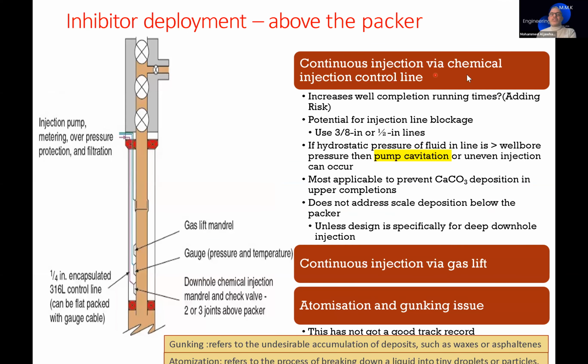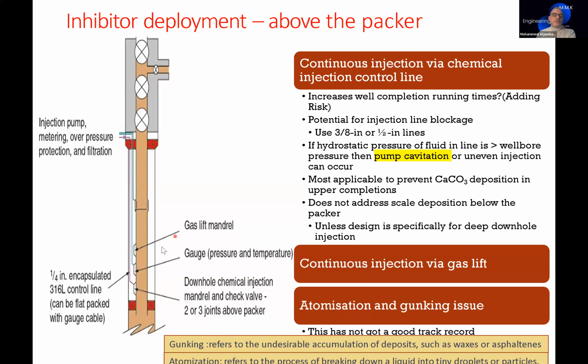So continuous injection via chemical injection control line, and continuous injection via gas lift, or atomization and junking issues. Junking refers to the undesirable accumulation of deposits such as wax or asphaltene. Atomization refers to the process of breaking down a liquid into tiny droplets or particles, often in the form of mist or spray.